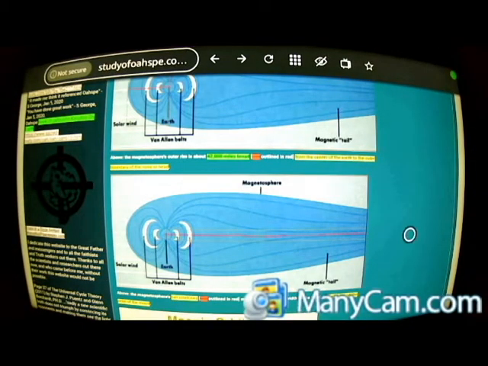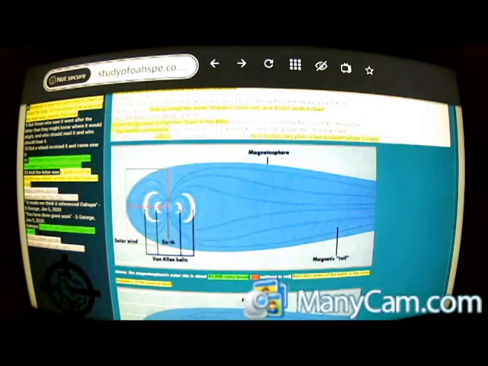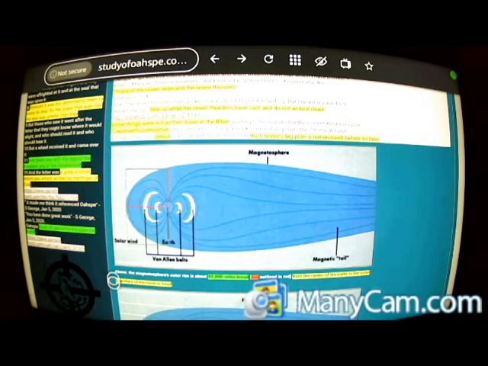From the center all the way out to the end of the tail goes beyond, because that's the magnetotail right there, goes beyond the moon. So there's no contradiction there between the 42,000 miles broad and the extremity of which is somewhat beyond the moon.